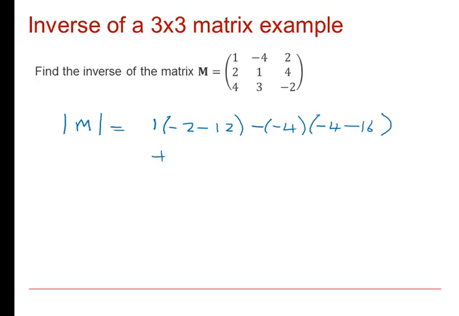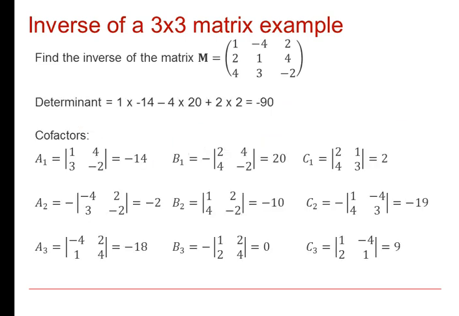And then finally a plus 2, 6 minus 4. When I sort that out, it should give me a minus 90, which is not 0. Therefore I know that an inverse exists.